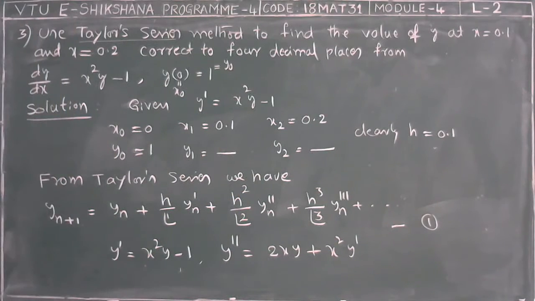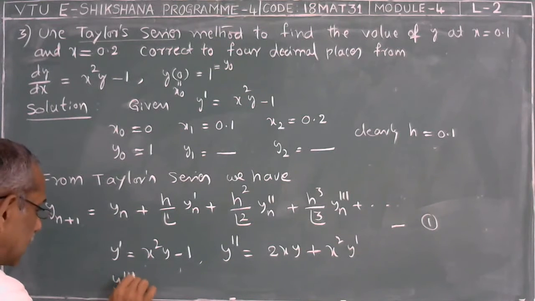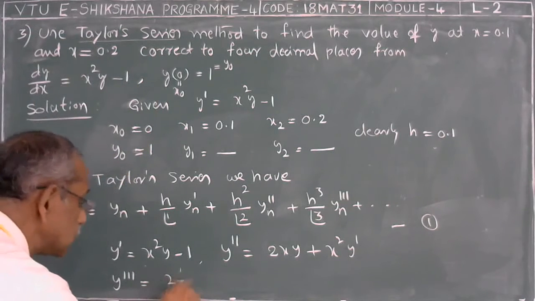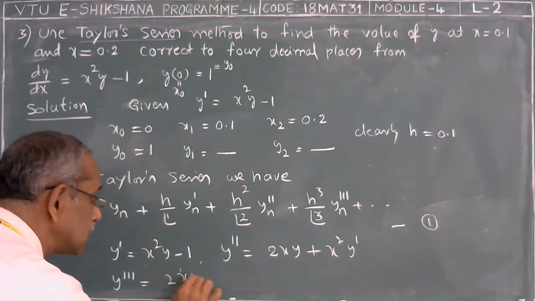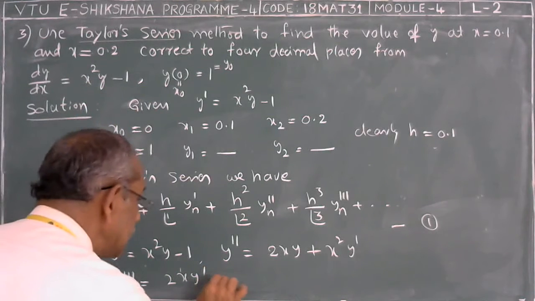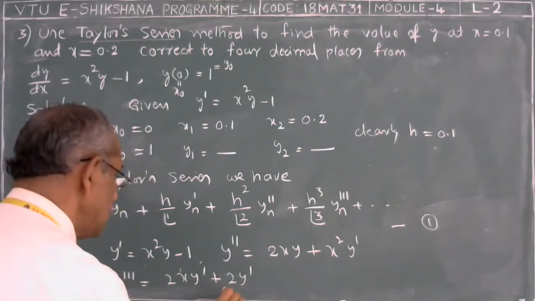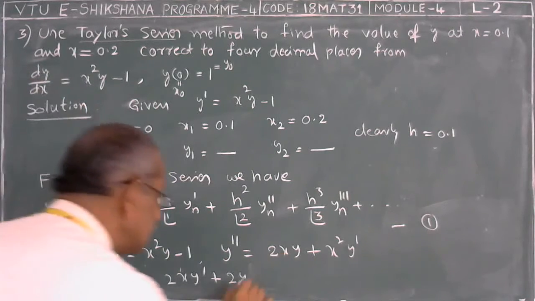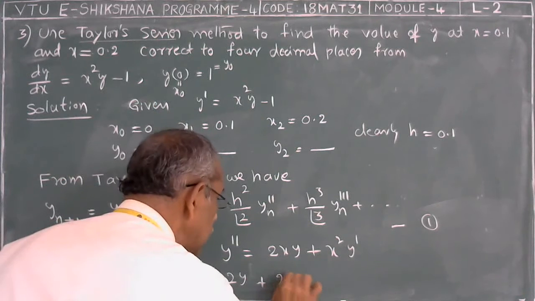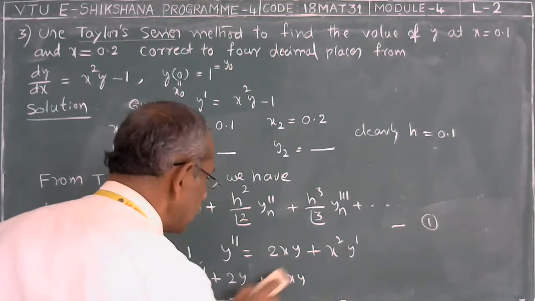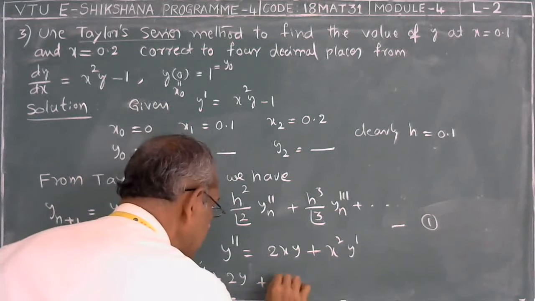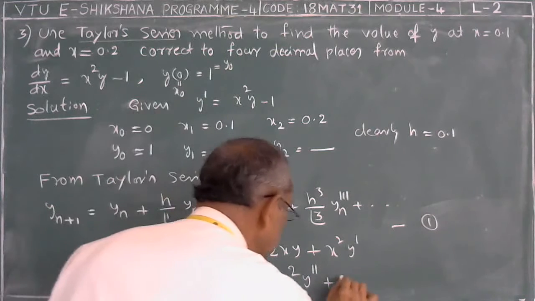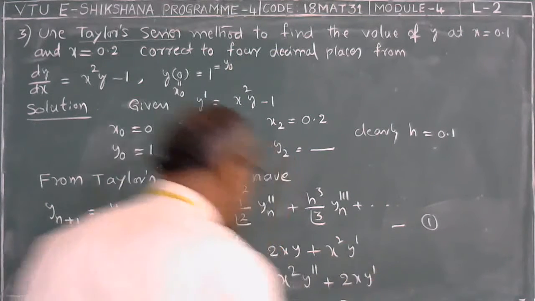Okay, now third derivative. Let me finish all the derivatives here. Third derivative, again a product rule here. So this is 2 into x y dash plus 2 into y, that is differentiation of x is 1, plus x squared into y double dash plus 2x y dash plus 2x y dash.